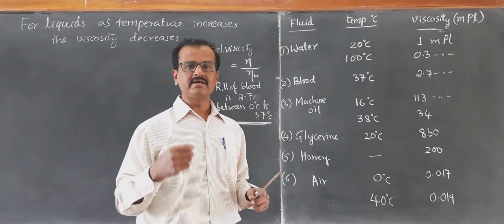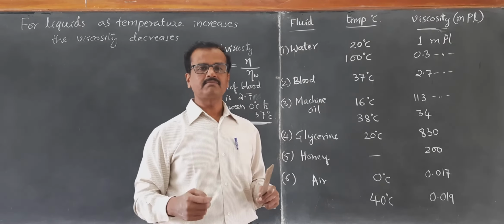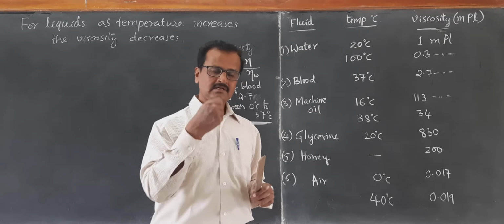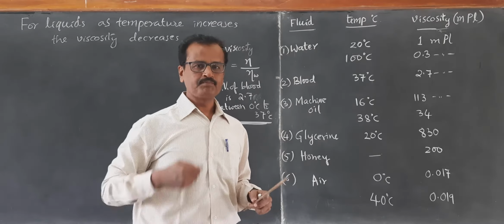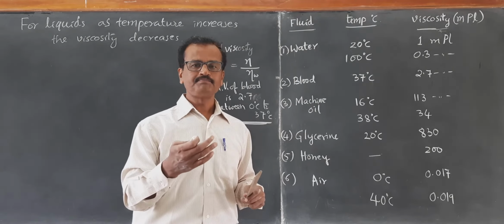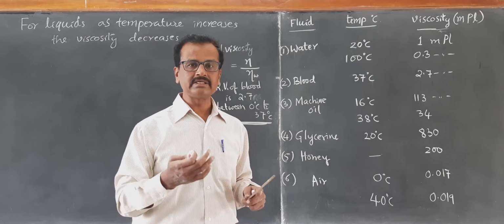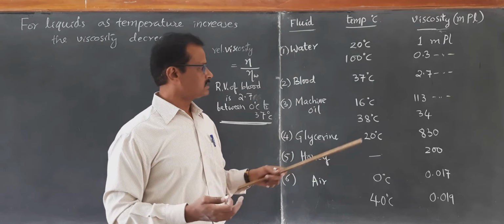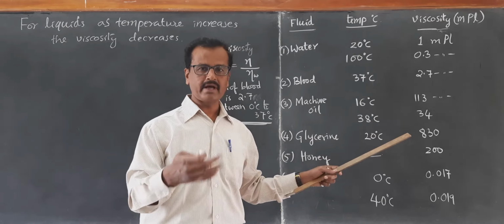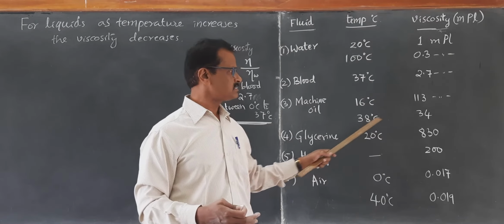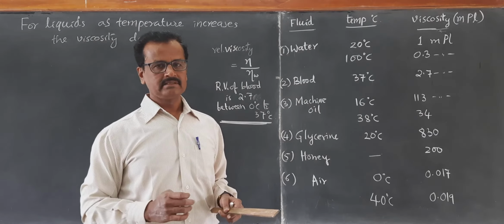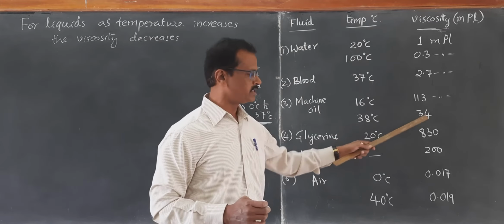If it has a kick start, you need to kick 3-4 times or 5-6 times. Once the oil gets circulated throughout the engine, the oil gains kinetic energy. Then its temperature rises, and as the temperature rises, because of more kinetic energy, its viscosity decreases. So as temperature rises, viscosity decreases.